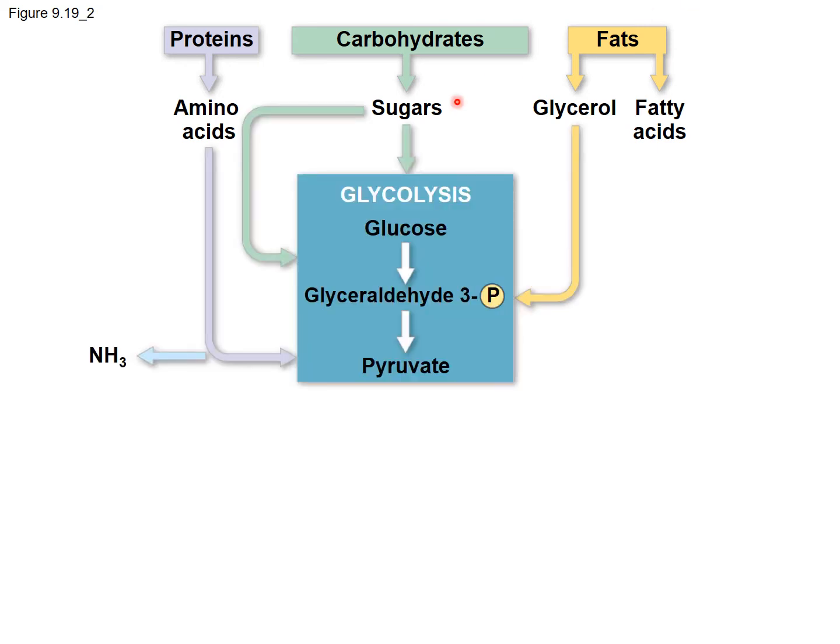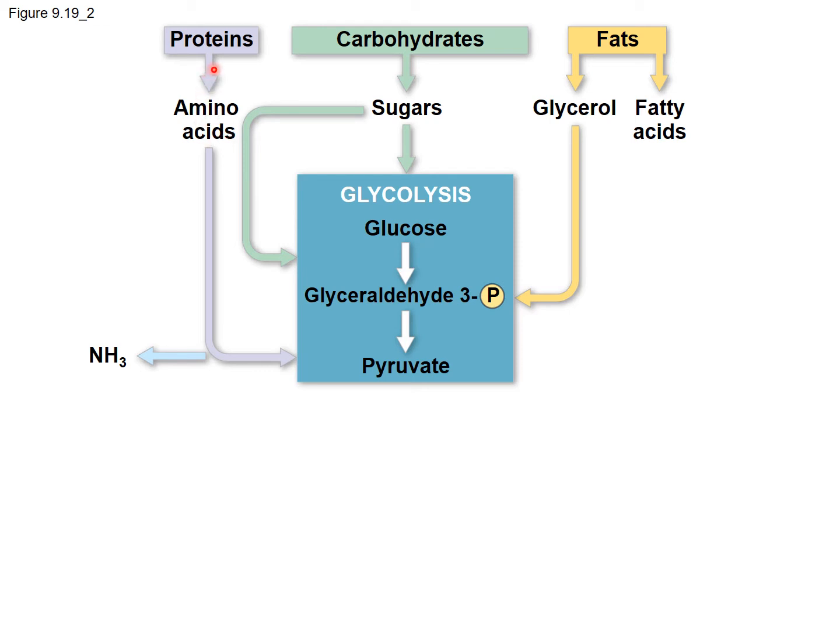So remember, during cellular respiration, in terms of the breakdown of glucose, we go through glycolysis, and then we've got glyceraldehyde 3-phosphate. Remember that in the first pathway, the energy investment phase, and then of course this enters the energy payoff phase, and then we have pyruvate as the product. Now, looking at proteins, remember, proteins are made up of amino acids.